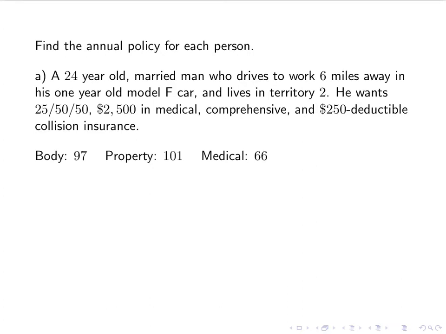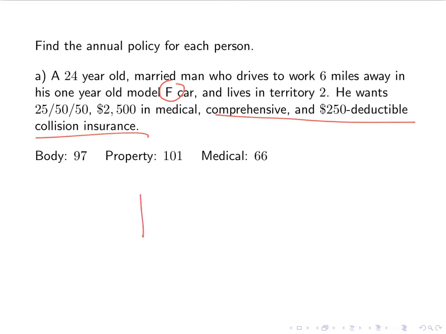Okay. Next, we're going to move on to comprehensive and collision. So make sure that you look at that table now. So we're going to go again to Territory 2, and then there is the model class. So we're looking for F, and that is the first model class, A through G. So you got to know your alphabet. And then in each model class, there's an age group.